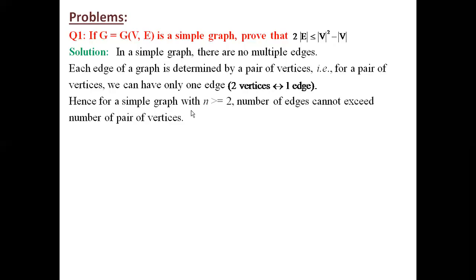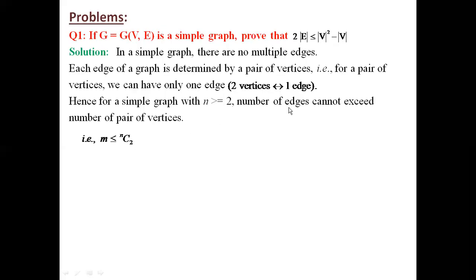Hence, for a simple graph with order greater than or equal to 2, the number of edges cannot exceed the number of pairs of vertices. Since we do not consider any multiple edges or loops, the number of edges in such a simple graph can never exceed the number of pairs of vertices. The same can be symbolically written as m is less than or equal to nC2.